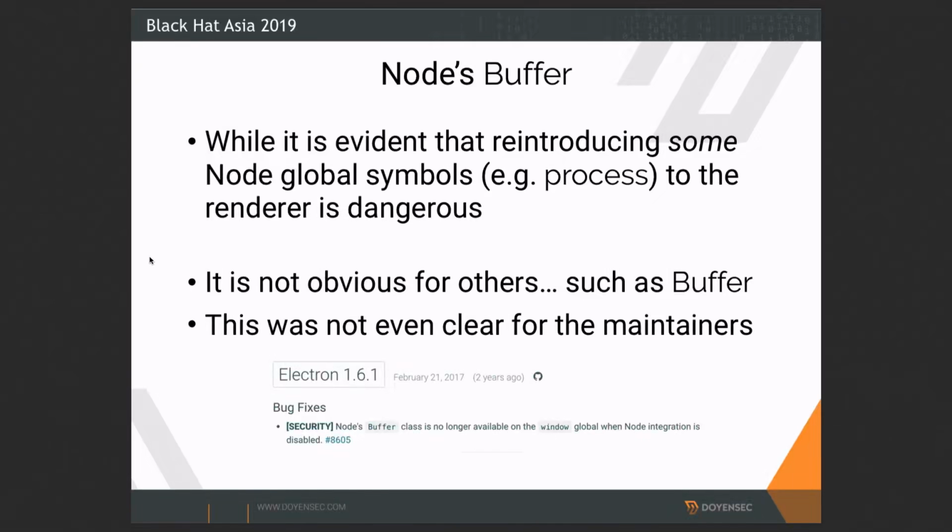This is obvious for certain modules, like process or file system (fs), but is probably not that clear for things like buffer, right? Even the Electron maintainers were exposing, by default, Node buffer to the window object, even when node integration was disabled, and this was used as a node integration bypass.